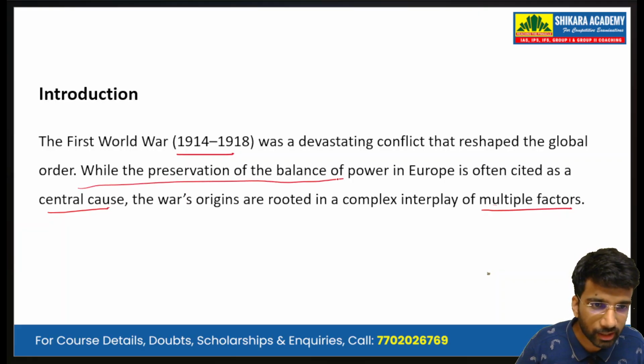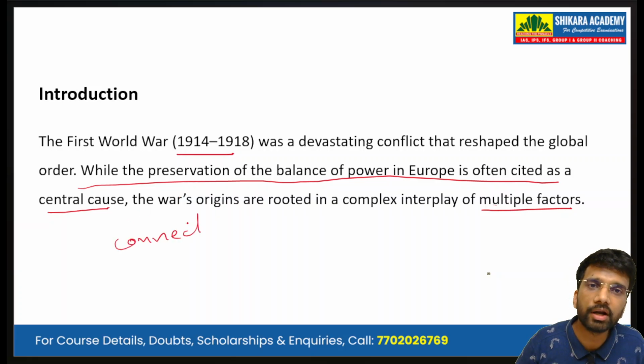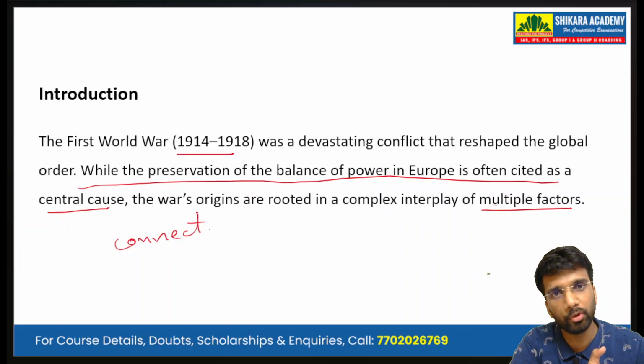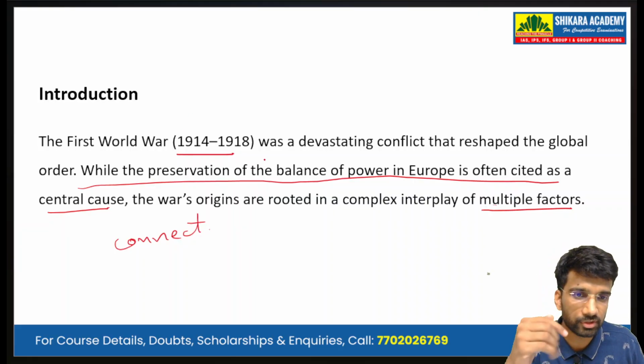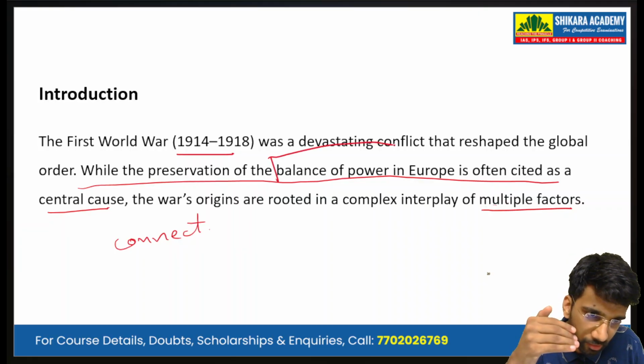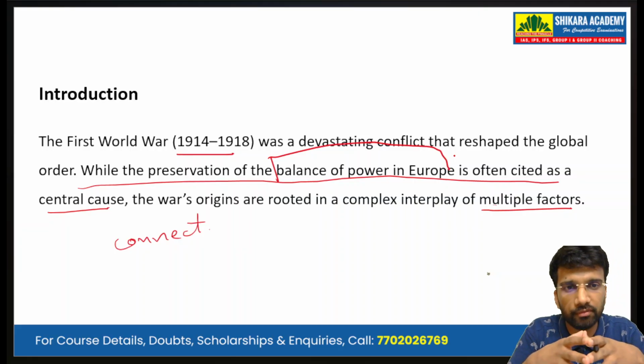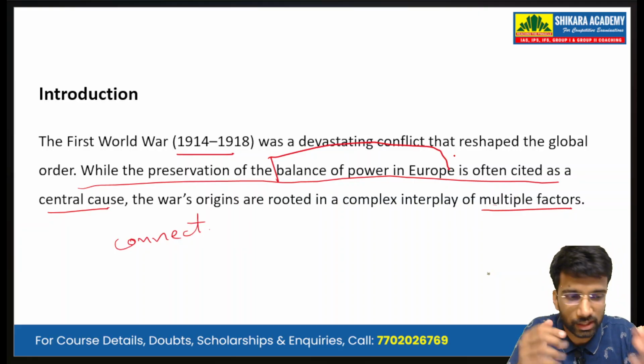So, this will be our connecting line that will connect the introduction and the body and set the tempo for the body answer. Now, we write: with the preservation of balance of power as the main central theme, main central objective, but there were other causes as well.